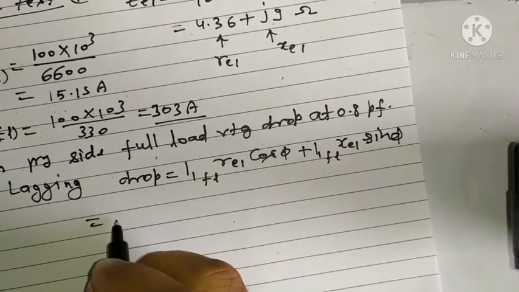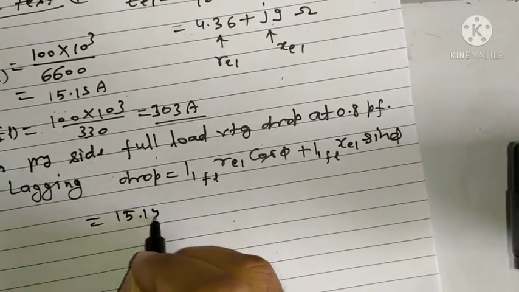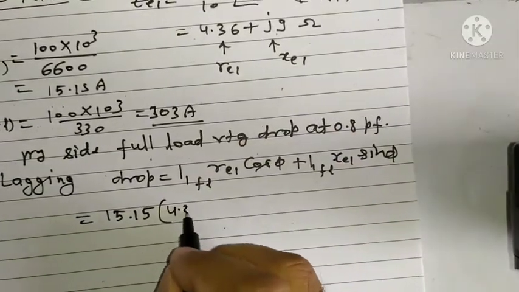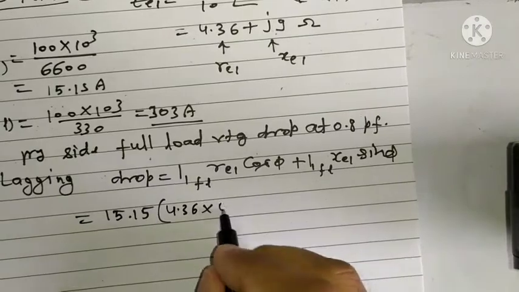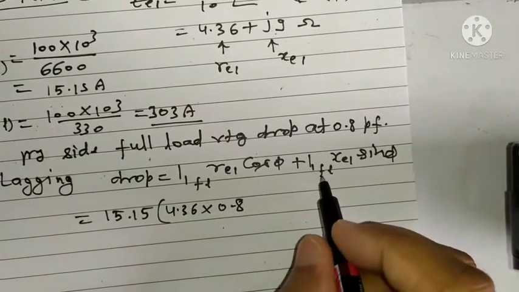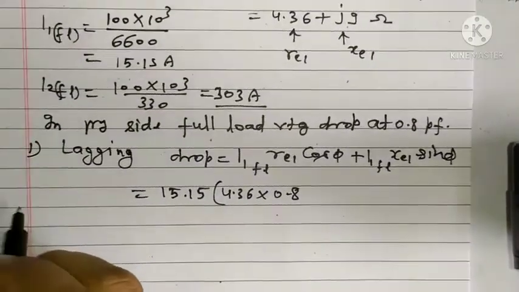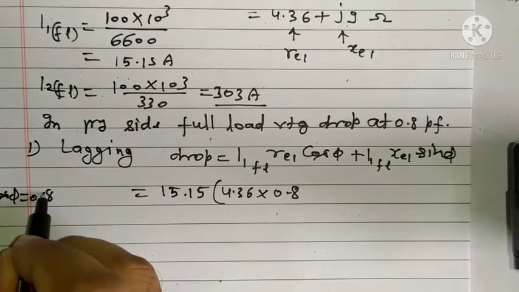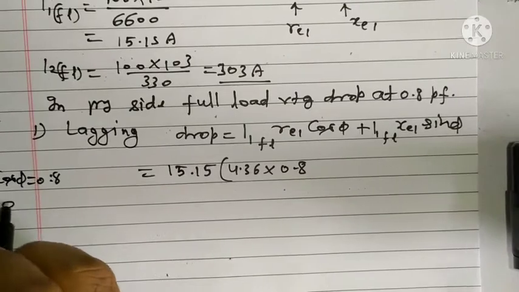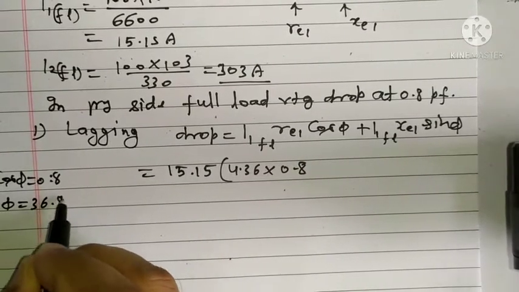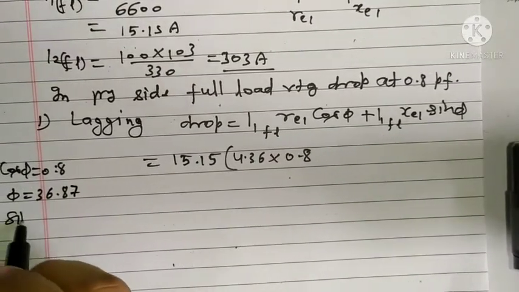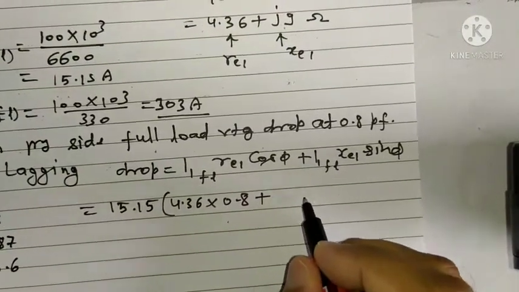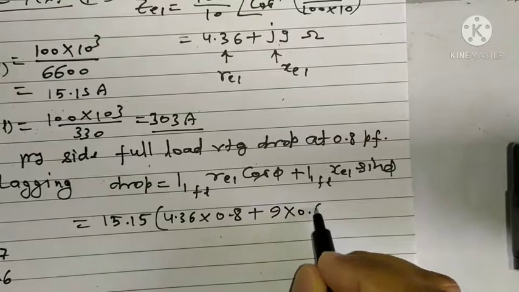I1FL I am taking common, so 15.15. RE1 is calculated as 4.36, power factor 0.8. If cos phi is 0.8, we know sin phi. Cos phi is 0.8, so phi will be 36.87 and sin phi will be 0.6, plus XE1 is 9 into 0.6.